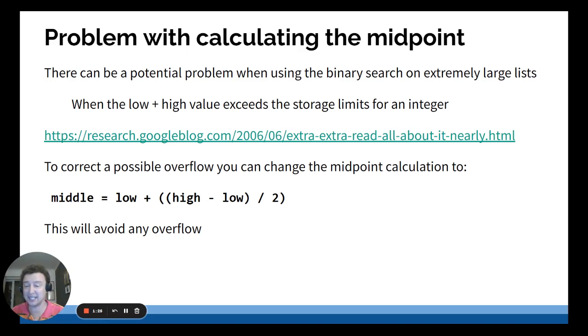Instead of adding them together, you take low away from high first, so the difference is left over, and then you add half the difference to low, and that avoids any overflow. Okay, but either of these methods will be fine for the stuff that you do for your projects and the stuff that you write about for your SQA exams.